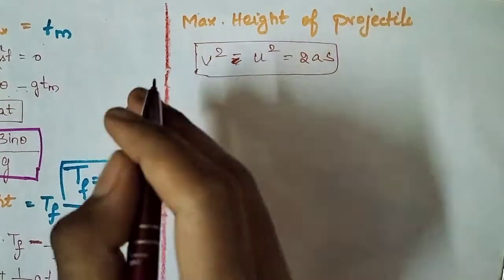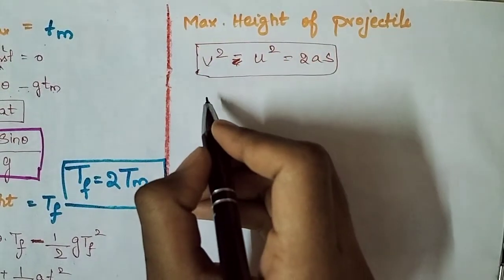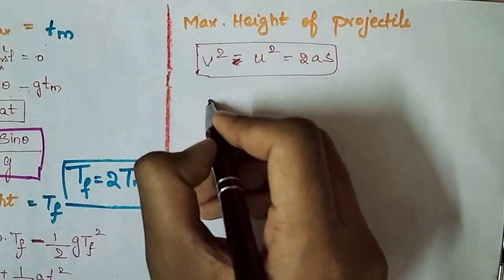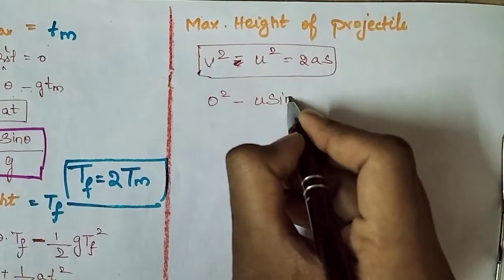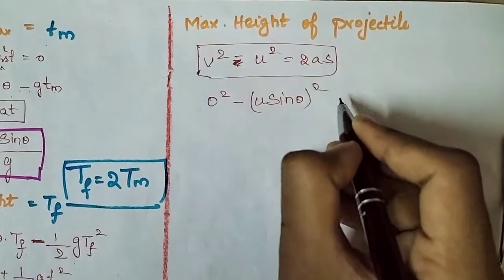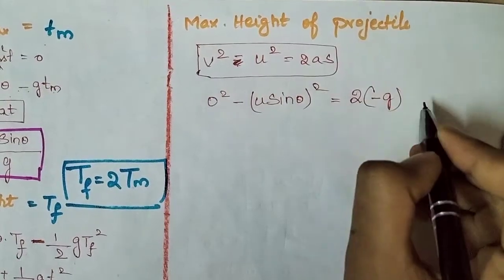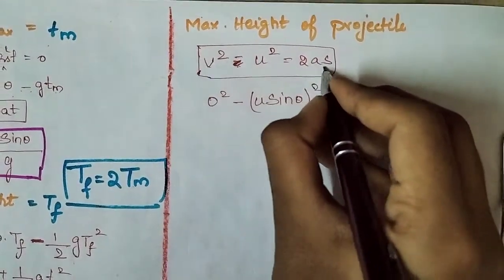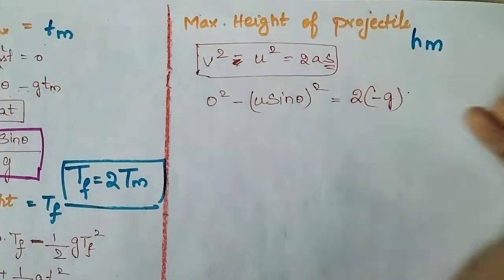At the maximum height, the final velocity v will be 0, as I told you already. So 0 square minus u sin theta, the whole square, equals 2 times minus g, we will take as against the gravity, and then the maximum height, let us take it as hm.